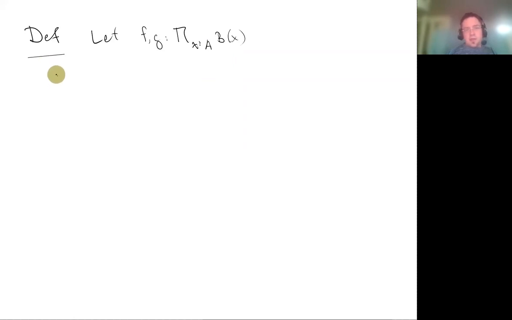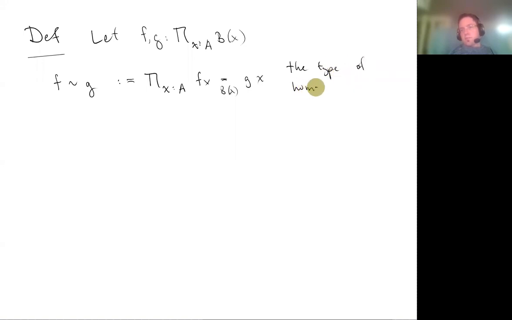And then we define a new type, f homotopic to g. And it's this pi type of pointwise equality: for every x in A, f of x is equal in the type B of x to g of x. So this is the type of homotopies from f to g.